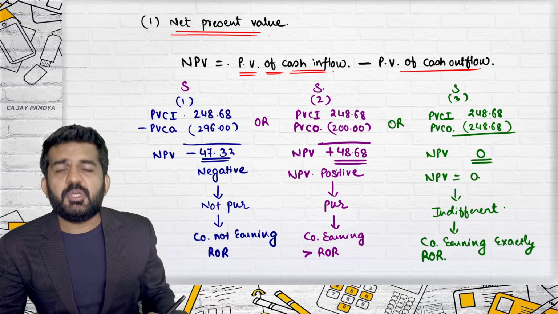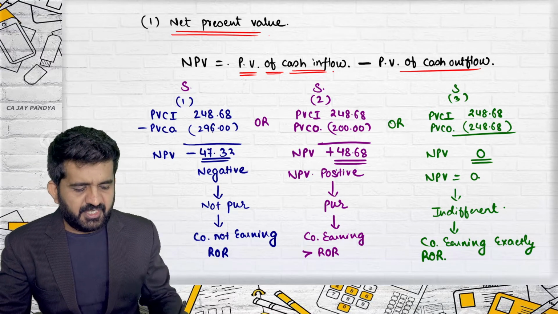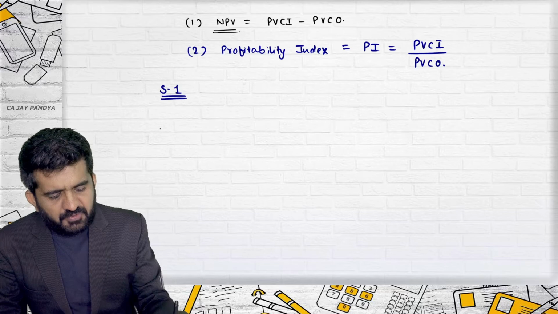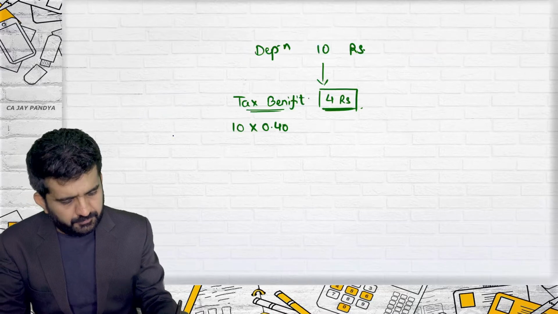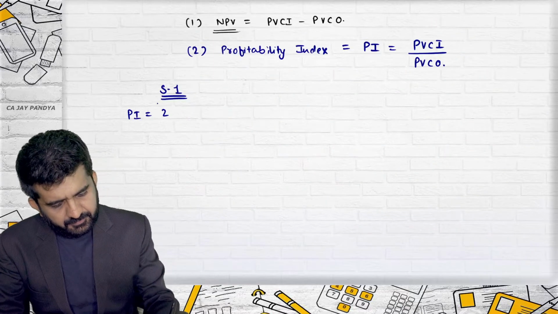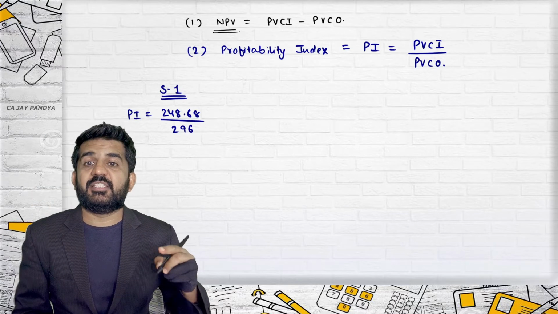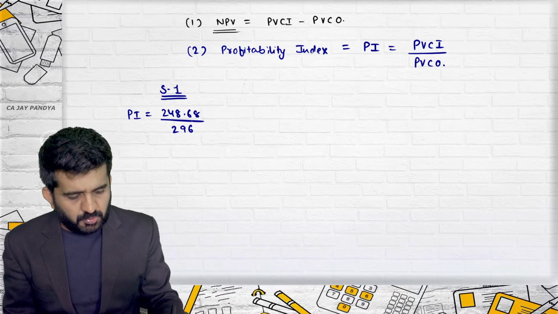All right, situation number 1. What will be the answer of profitability index? 248.68 divided by 296, which was the present value of cash outflow. Same question we are taking. So this is situation number 1.